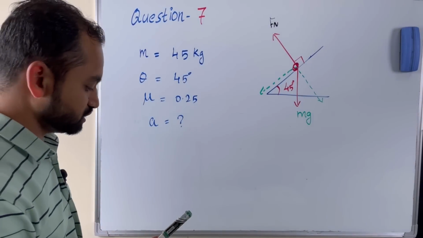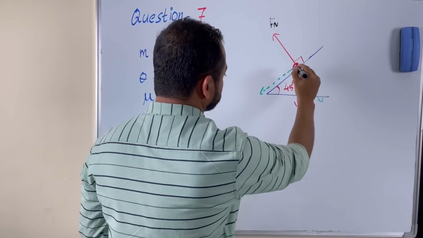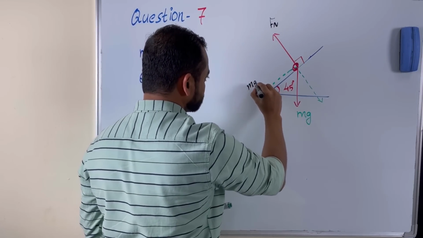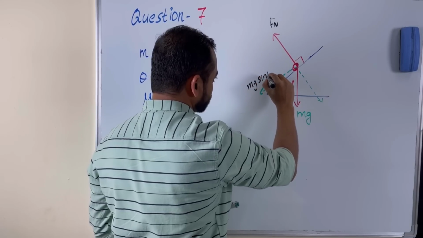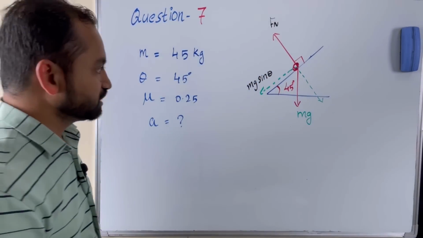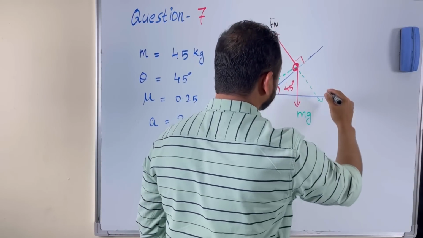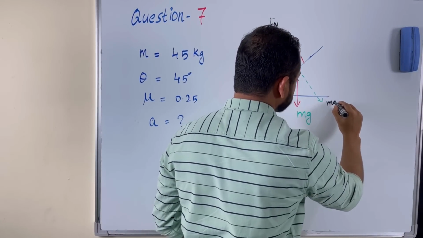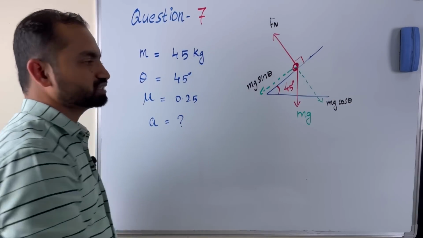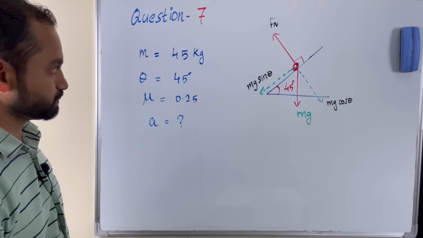So you can see here this component which is parallel to the inclined plane, that is mg sin theta, okay, that is the equation to calculate the parallel component, and the equation to calculate the perpendicular component is mg cos theta. You remember like this, mg sin theta and mg cos theta.